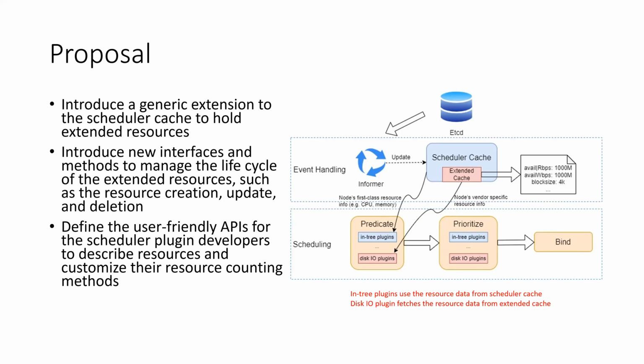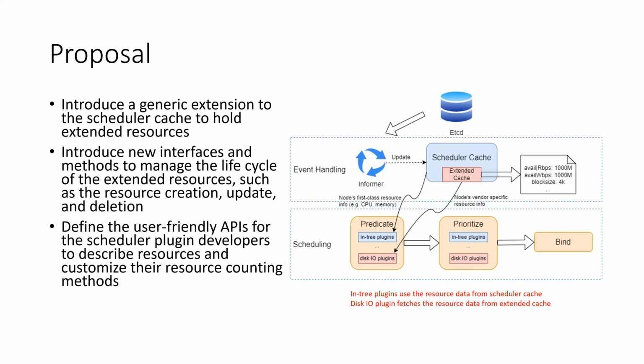The available disk IO throughput, disk IOPS, block size, and rewrite ratio, these attributes and their accounting method will be included in this extended cache.